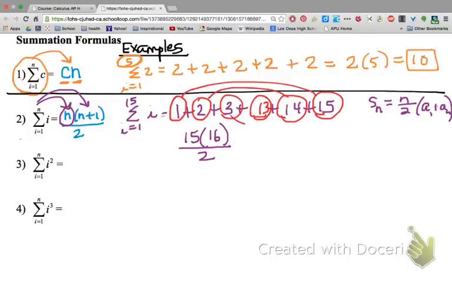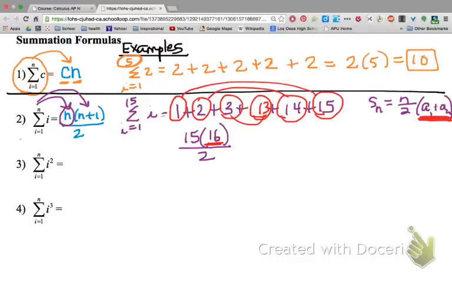Oh, yeah. They always add up to 16. And so that's where I got this a1 plus an, was add the first and last term. And then I go, well, I wonder how many sets of those there would be.